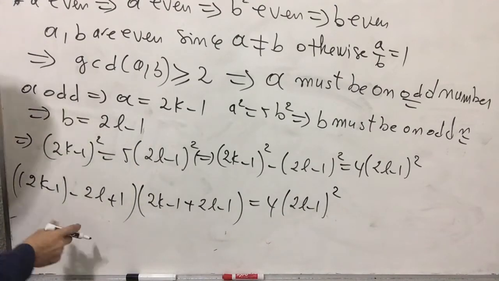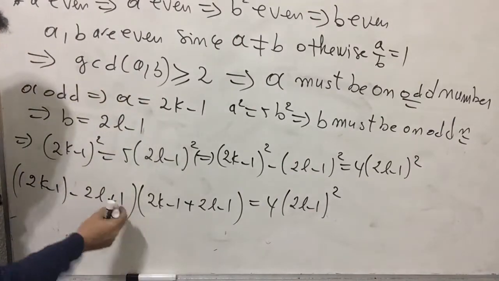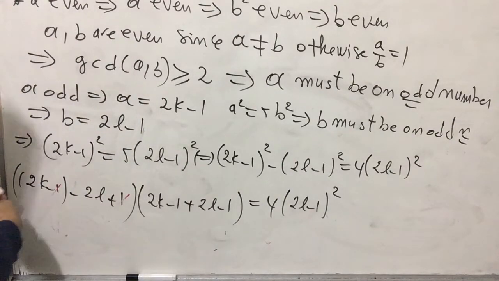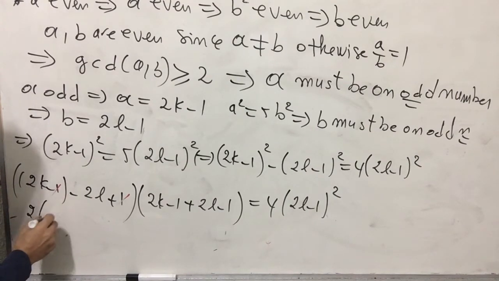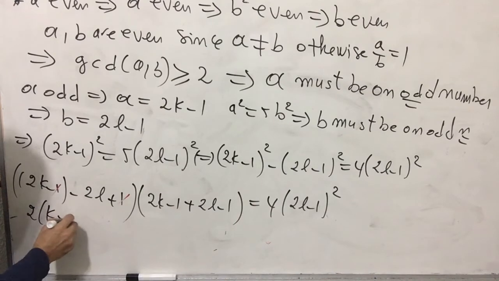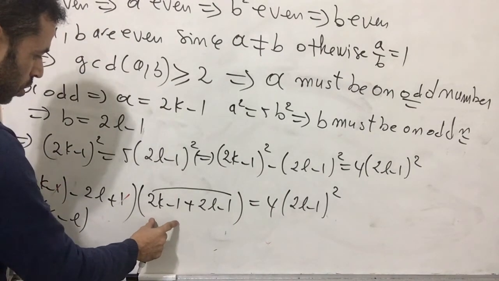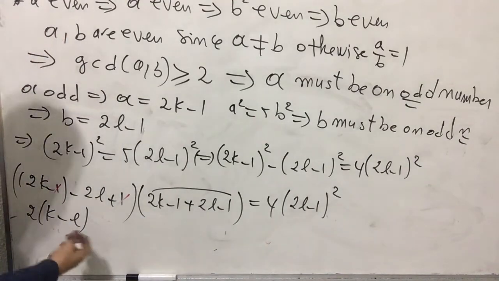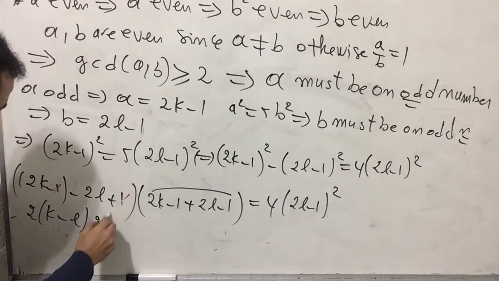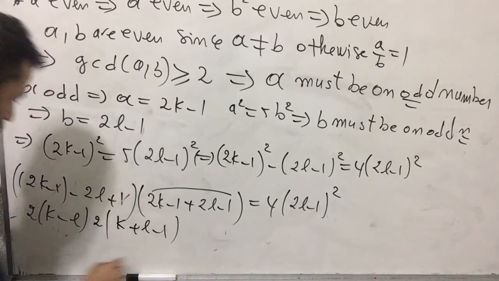So I'm going to simplify this one. The number 1 will be cancelled out. I'm going to take the number 2 as a multiplier from the first term, so I will have 2 times (k minus l). I'm going to take the number 2 outside as a multiplier from the second term, so I will have 2 multiplied by 2 times (k plus l minus 1).